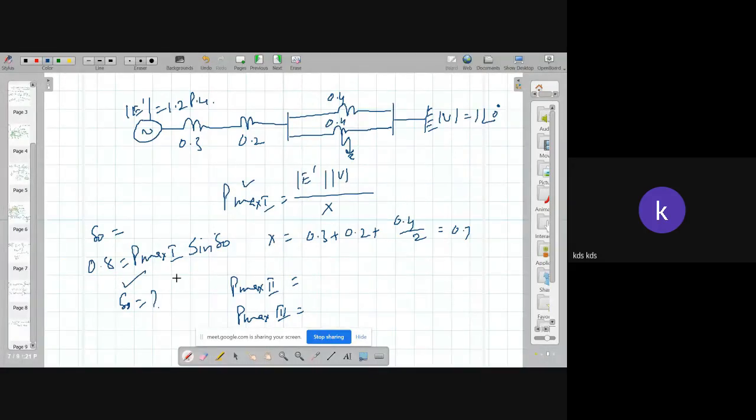Then you have to draw the two areas, the accelerating area and the decelerating area.